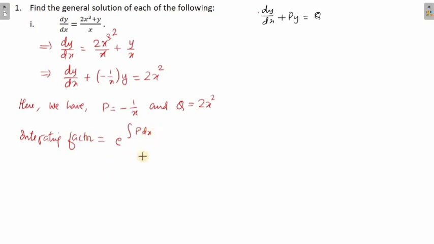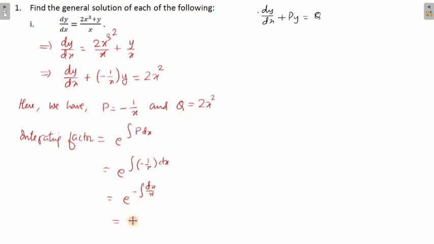So let's quickly calculate how much this is. We have e to the power integral of P, which is minus 1 by x, dx. Can I write this as e to the power minus integral dx by x? Obviously.